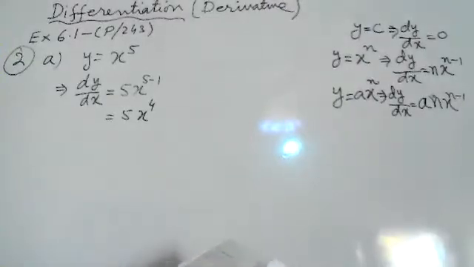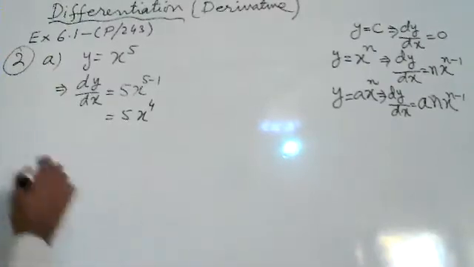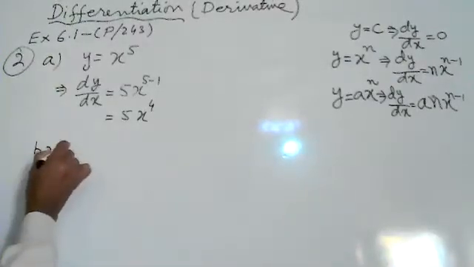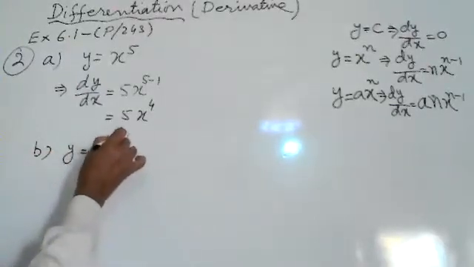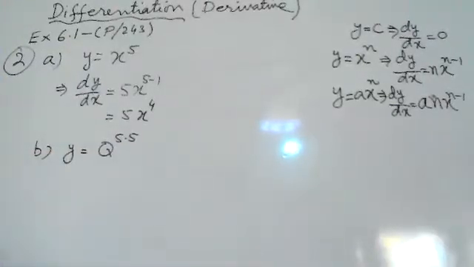Now B part. Y is equal to q raised to power 5.5. That means y is a function of q. Therefore, it will become the derivative of y with respect to q.